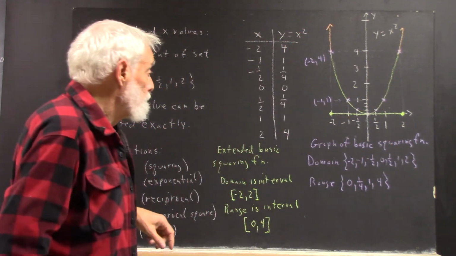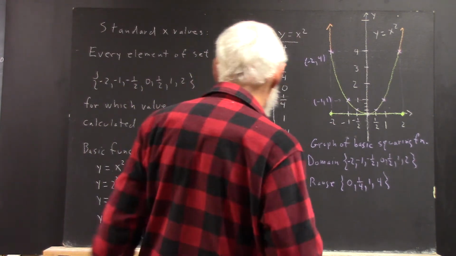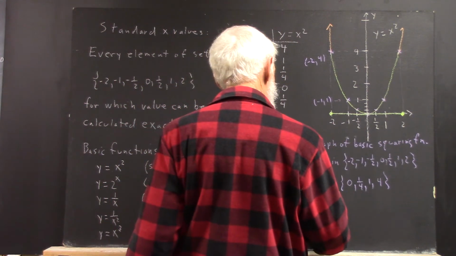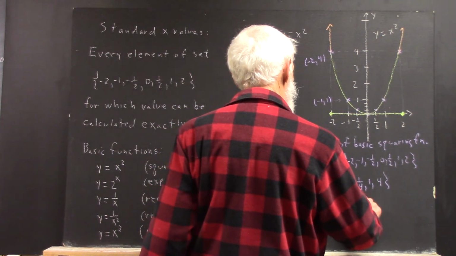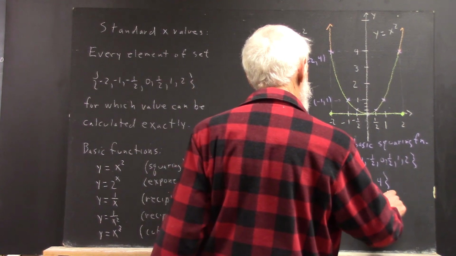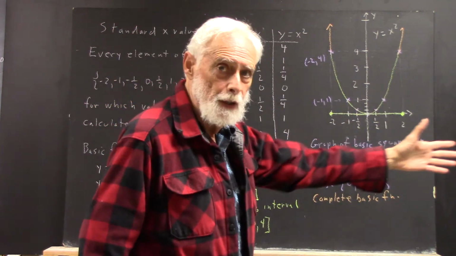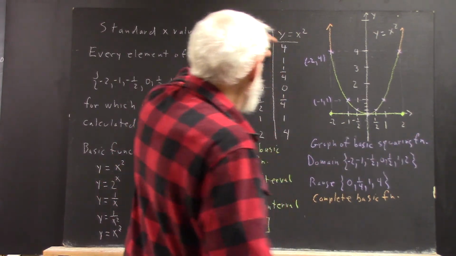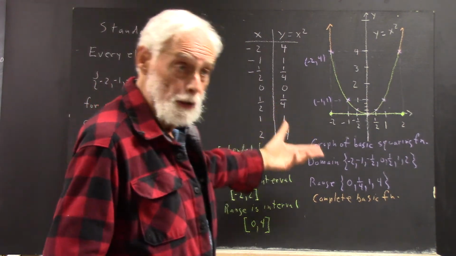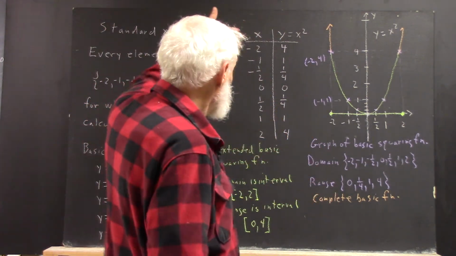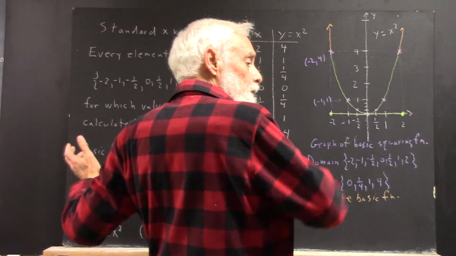Okay, so the complete basic function, and I'm using this color for complete, is the one that extends to all possible x values. Now, this is the x squared function. Doesn't matter what your x value is, you can evaluate it. So you're going to have a y value for every x value from negative infinity to infinity.